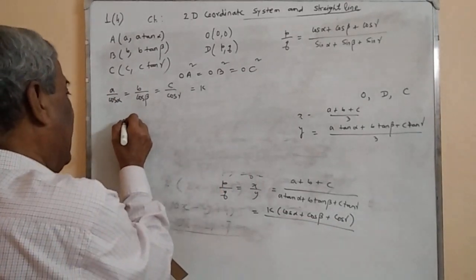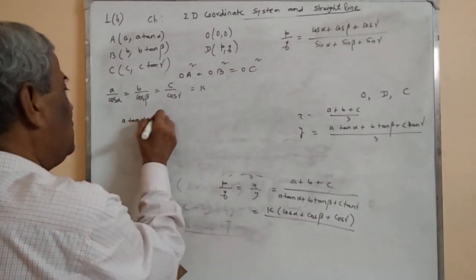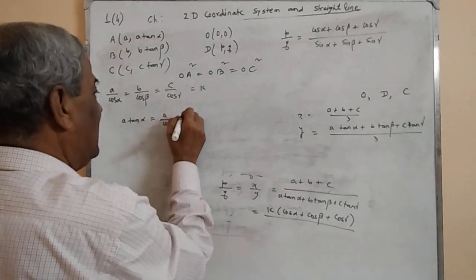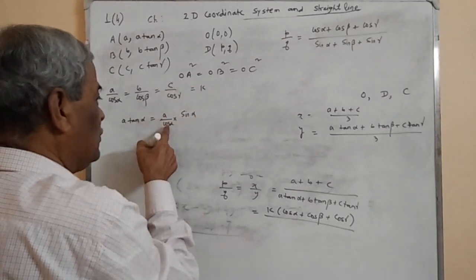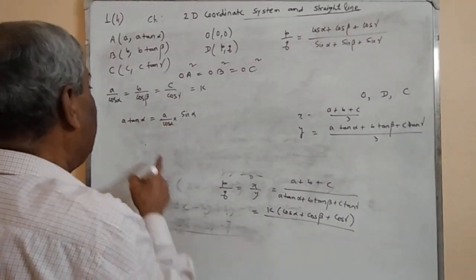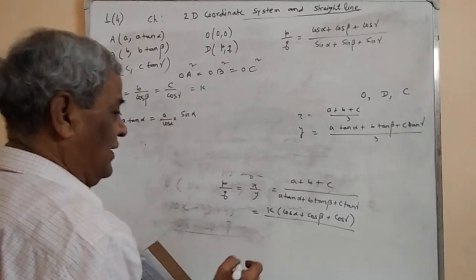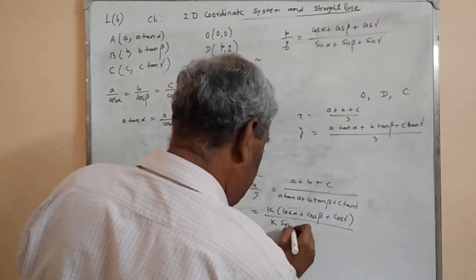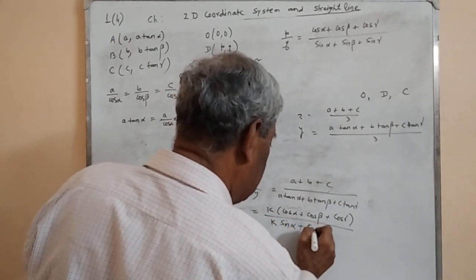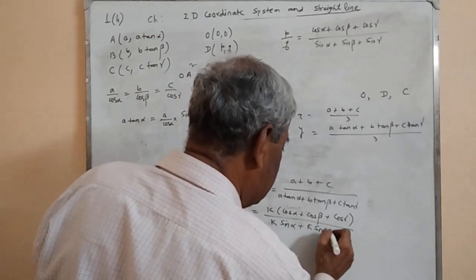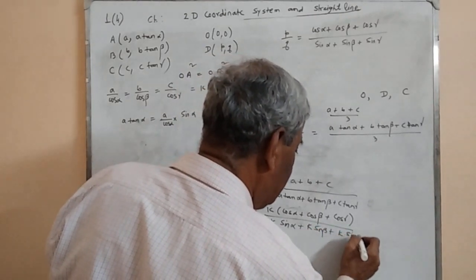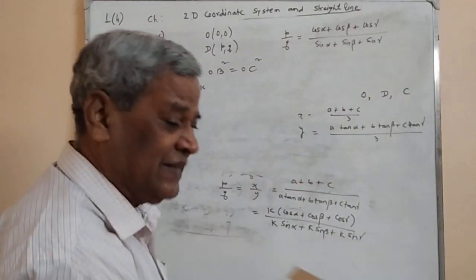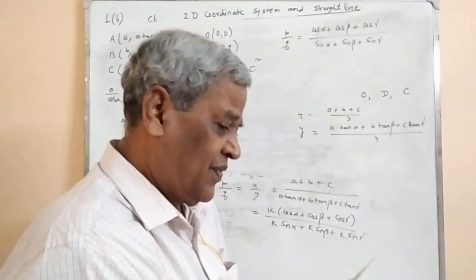So A tan alpha is equal to A by cos alpha into sin alpha. A by cos alpha is nothing but K. So it is equal to K into sin alpha plus K into sin beta plus K into sin gamma. Now after cancelling K in numerator and denominator, you get the result. So thank you.